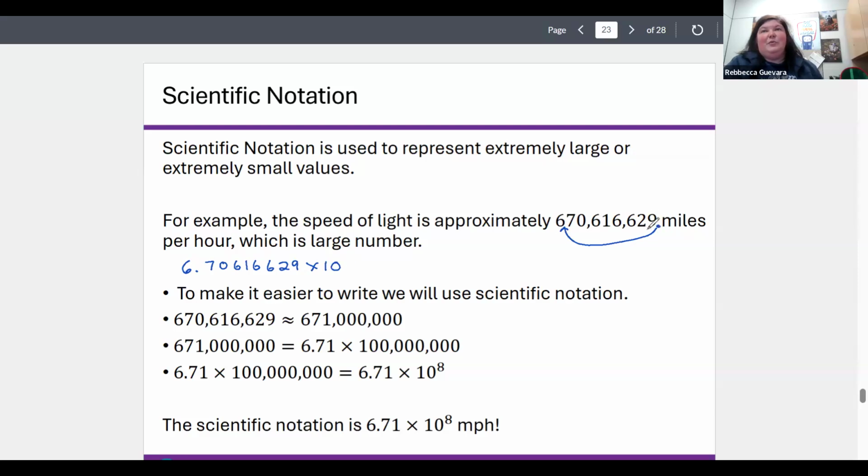So every time we move this decimal place, that was a 10 that we had here. So this was 10, 10 squared, 10 to the third power. So if we count this, 1, 2, 3, 4, 5, 6, 7, 8, we're going to end up with 10 to the power of 8.